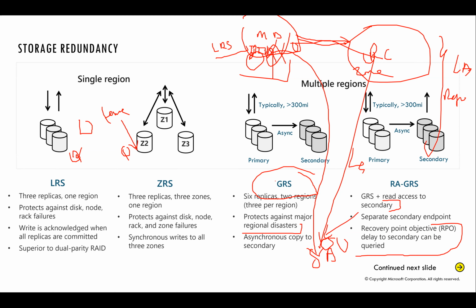For this GRS, you can read, you can write. But in all cases, it means that you are paying more than what you would naturally pay if you are doing LRS alone. You pay more for ZRS, you pay more for GRS and read access GRS.